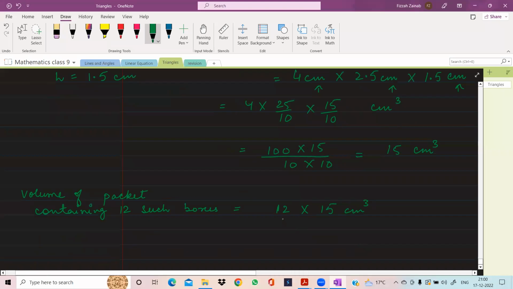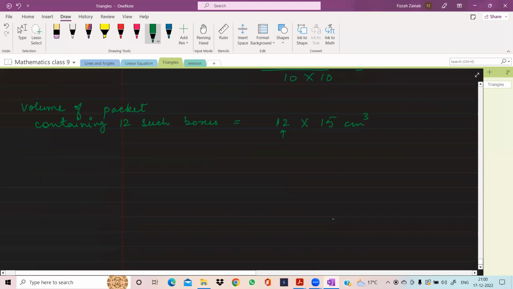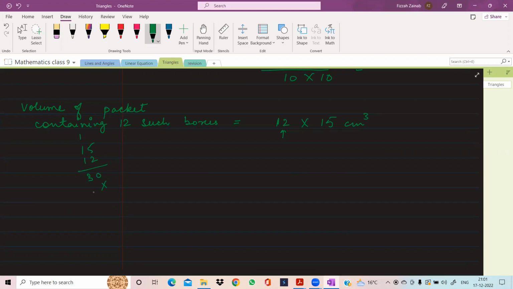So this 12 is just a number, so there is no unit, and this is volume. So 12 into 15 is how much? That you can multiply. 2 into 5, 10, carry 1, 3, 5, and 1, 8, 180. So this is 180 centimeter cube.